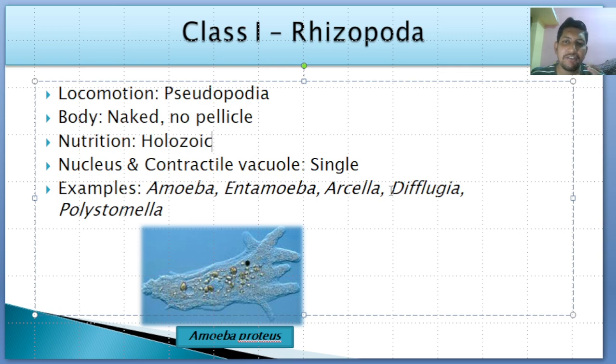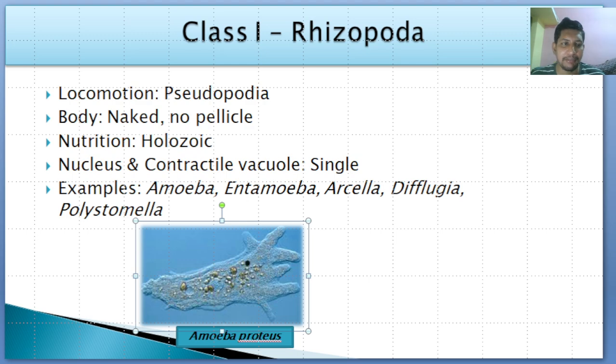And a very important character of Rhizopoda is they have a single nucleus and a single contractile vacuole. Body is naked, there is no pellicle, and locomotion takes place by pseudopodia, and I have given the examples already. So this is the diagram of amoeba.